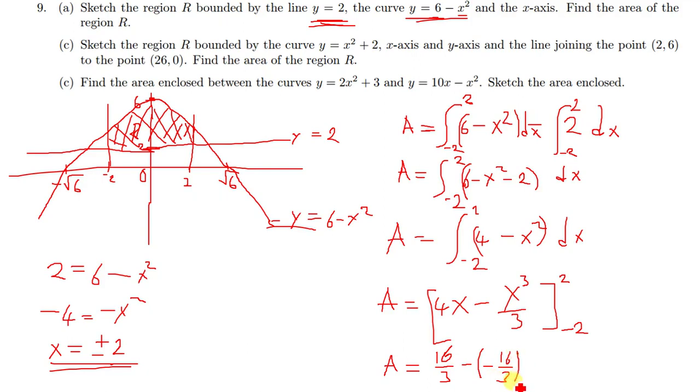When you add the two, you can see that it's just the same as writing a plus there. 16 over 3 plus 16 over 3, which gives us 32 over 3. So 32 over 3 units squared is the area.